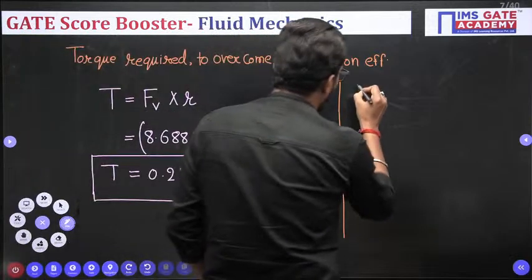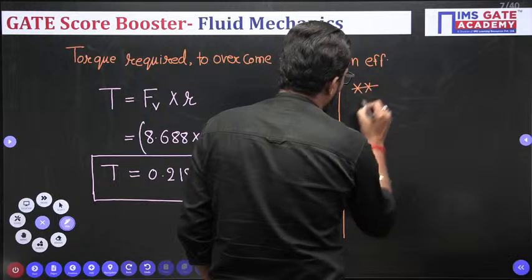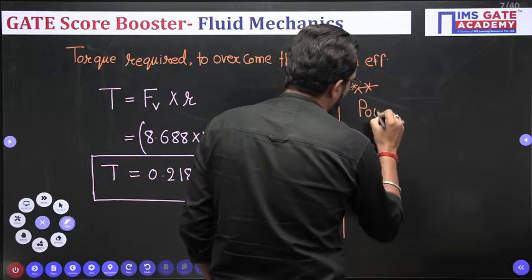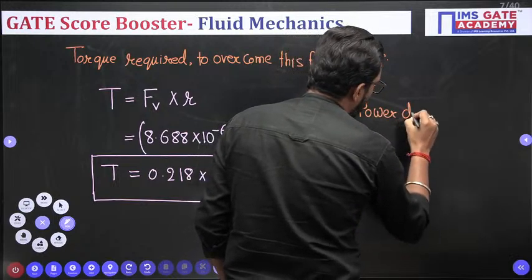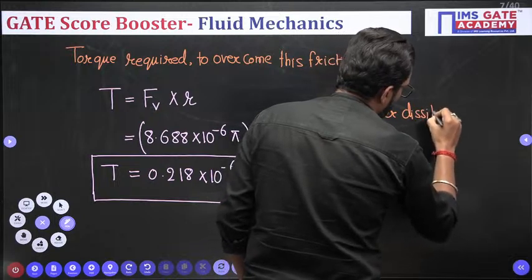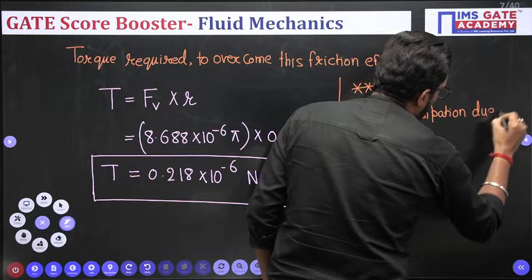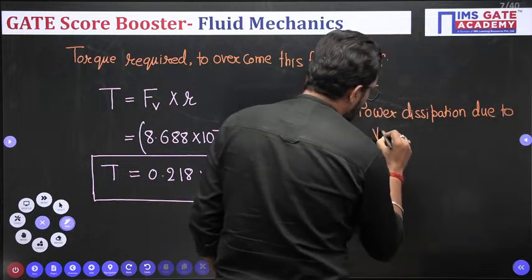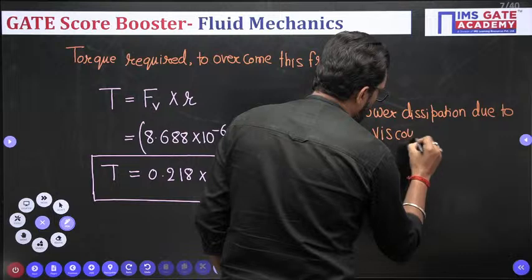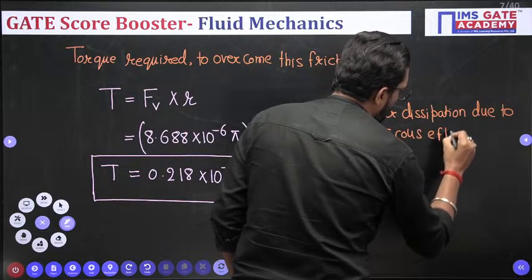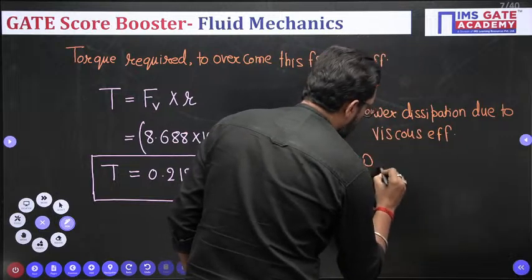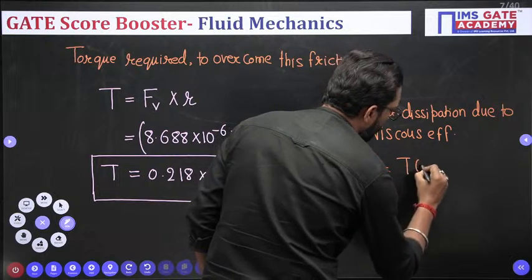So the power dissipation due to viscous effect is nothing but torque into omega.